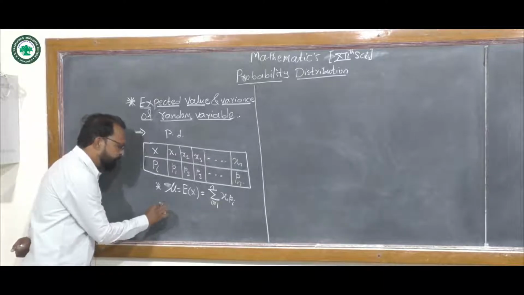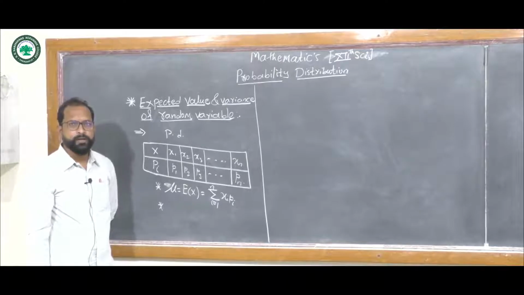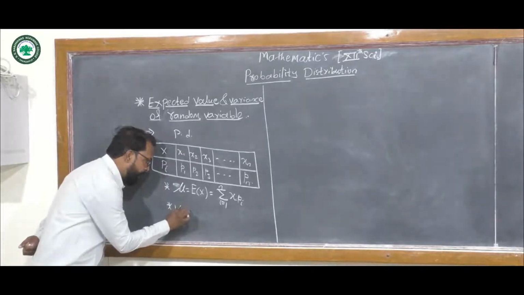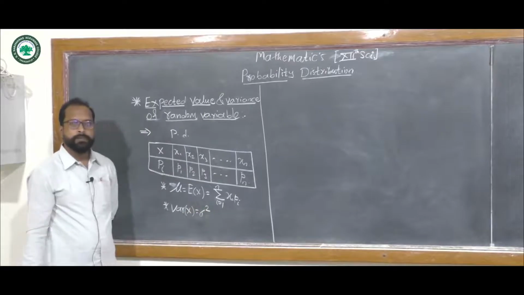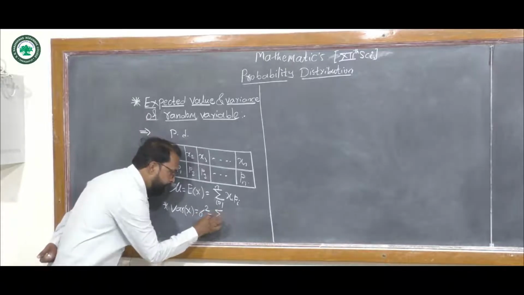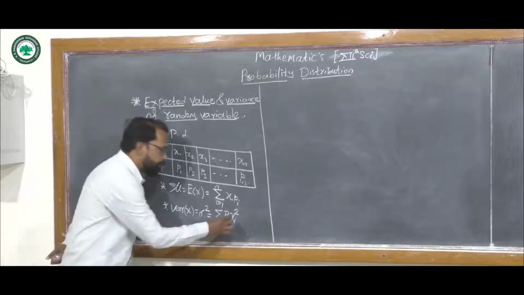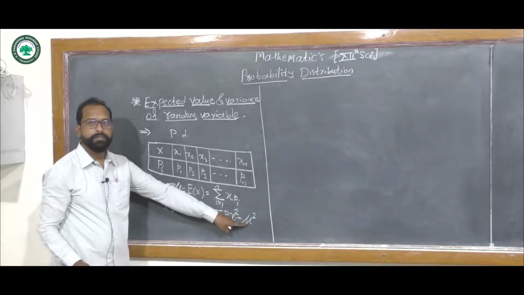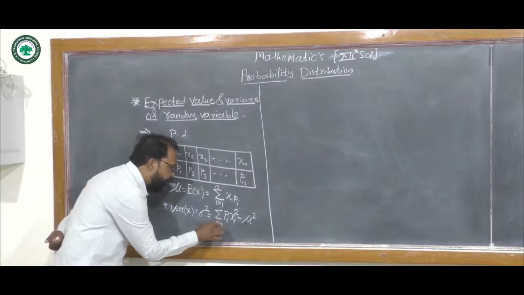Similarly, we define the variance of a random variable x, which is denoted by Var of x, or simply by sigma square, and it is given by the formula summation pi xi square minus the expected value mu square, where this summation again runs from 1 to n.